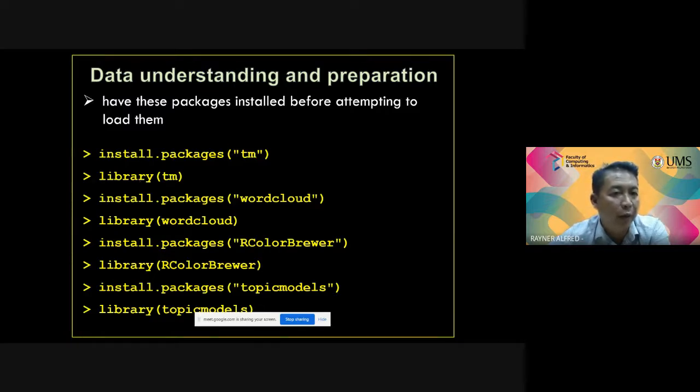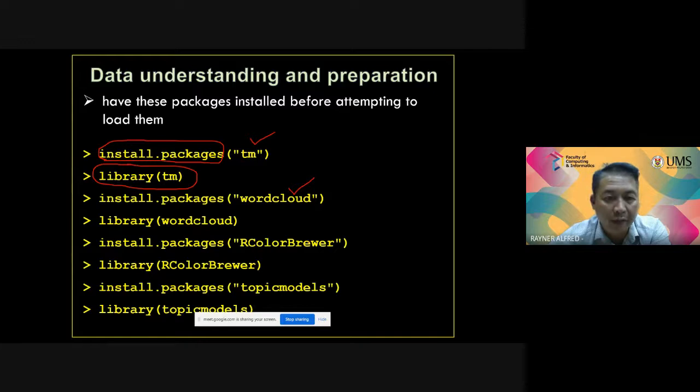When we use install.packages, it means we are installing the package, and then we load this package into the library so we can use it. We have a few packages to install, like text mining. The word cloud is just for visualizing the content of the document using a diagram. You will see later on.